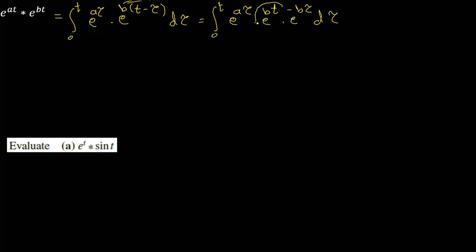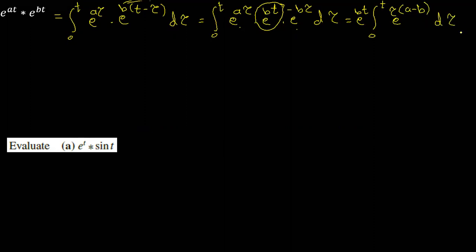So this one is constant. Take it out. So I have e to the bt times the integral from 0 to t. Can I write those in one exponential? Yes, and take tau as common factor. So it is e to the tau (a minus b) d tau.